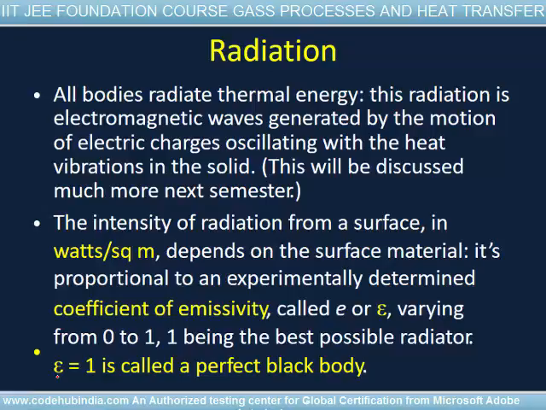All bodies radiate thermal energy. This radiation is an electromagnetic wave. The electromagnetic wave has a dual phenomenon with light also, because it acts at 90 degrees to the direction of the wave, with the force acting on the wave in 3 dimensions.